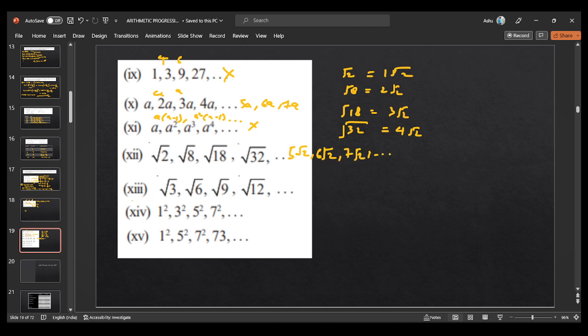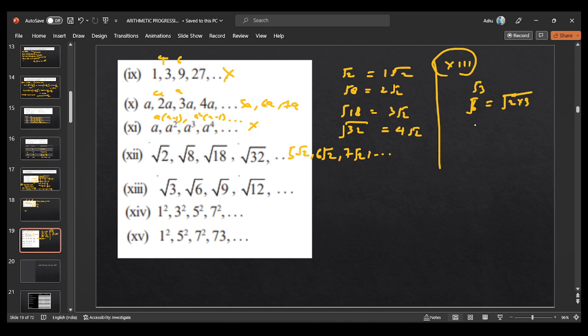Now root 3, root 6, root 9, root 12. Here the first term is root 3, second term is root 6, then root 9 which is 3, and root 12 which is 2 root 3.